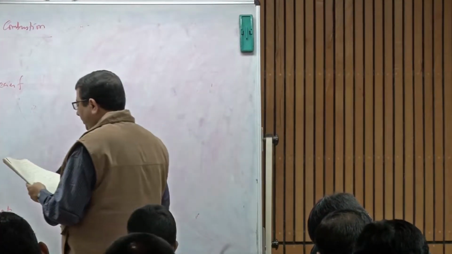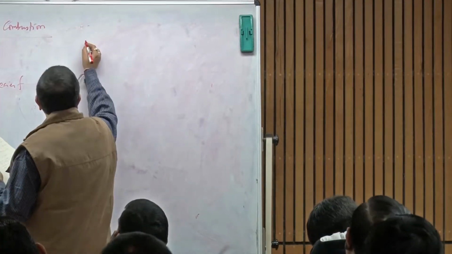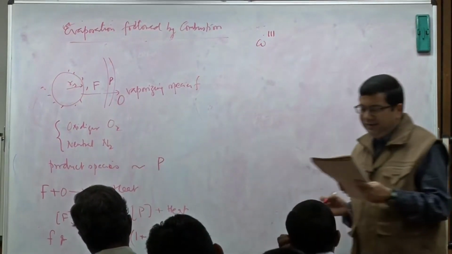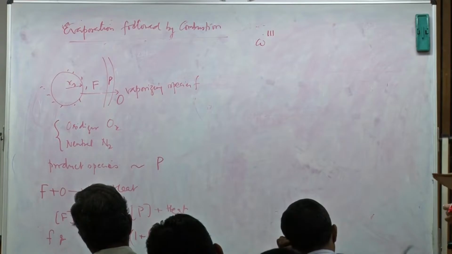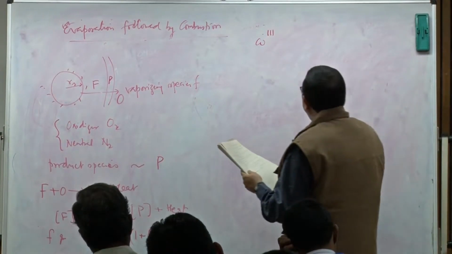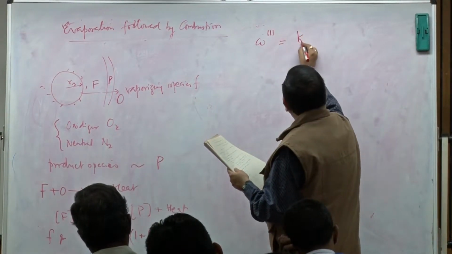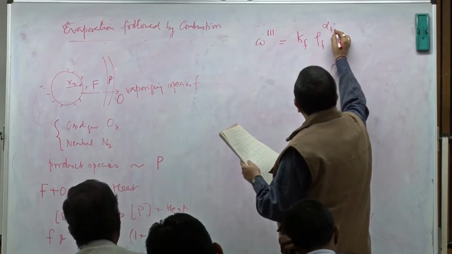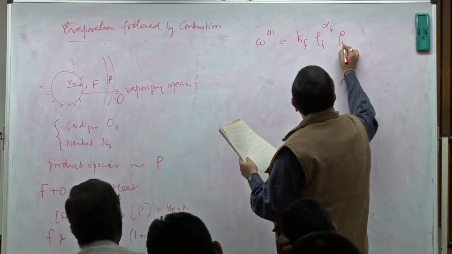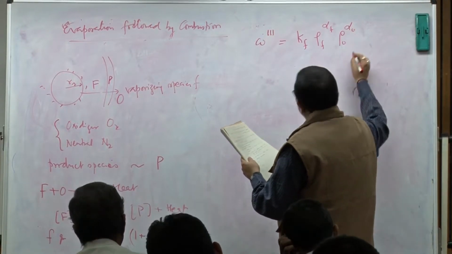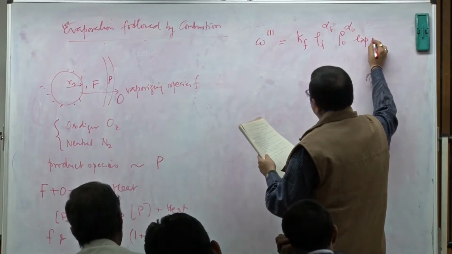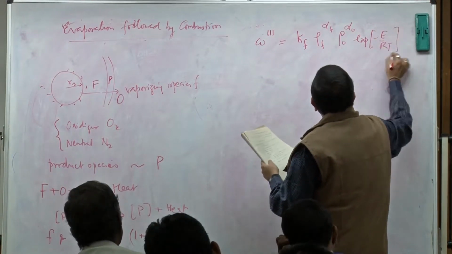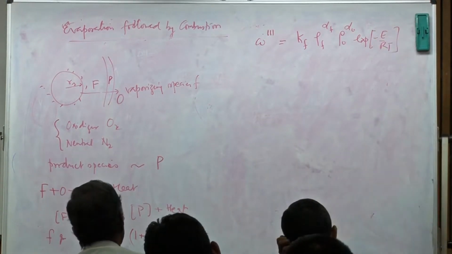Then, since a chemical reaction is happening, we will have the specific reaction rate, which is given by K F, coming from the Arrhenius law.